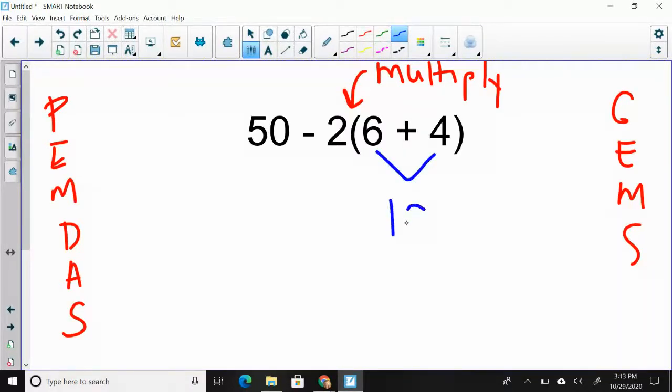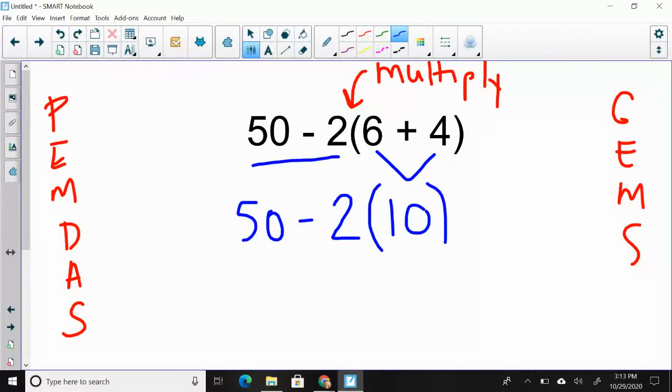That is going to become 10. And I'm going to keep this in parentheses because I have that 2 on the outside. And so I'm bringing down the rest of this, and I don't want this to look like 210.